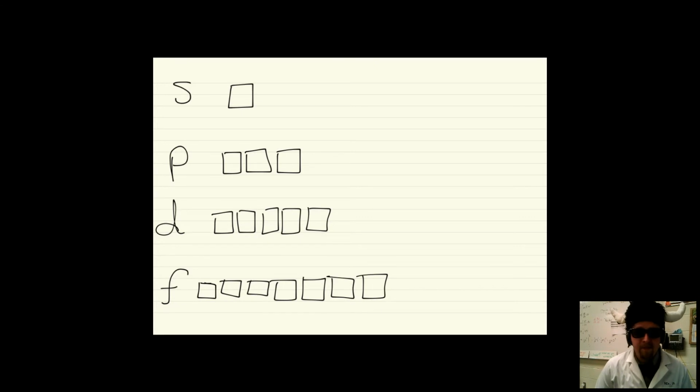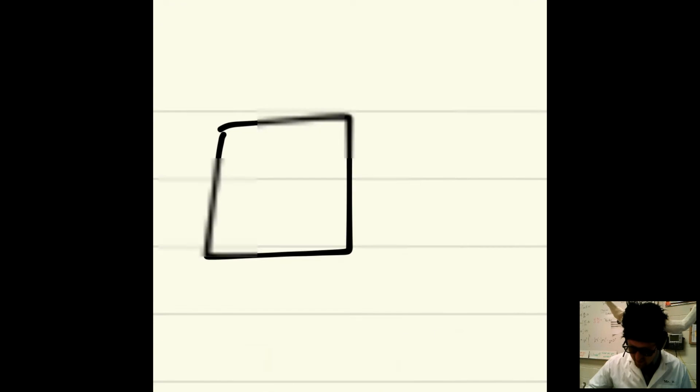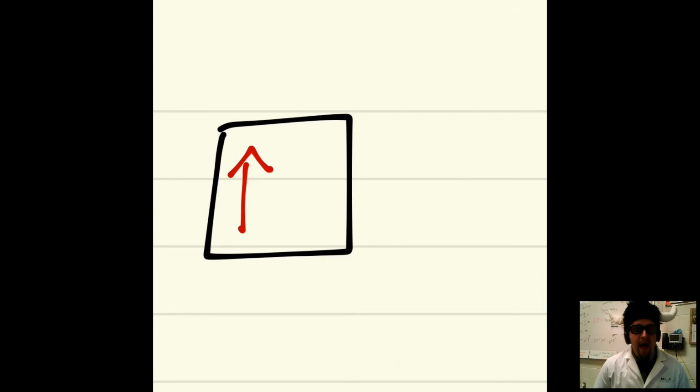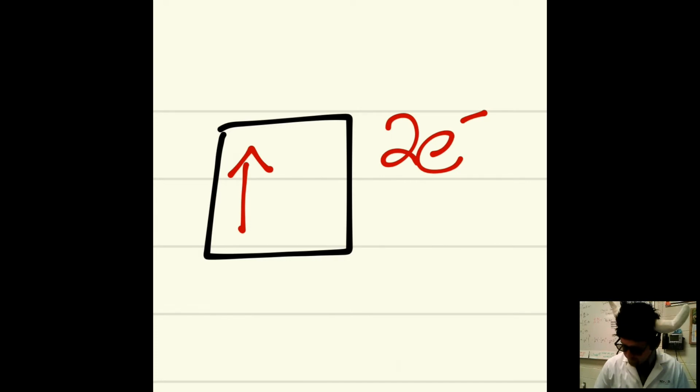Now inside of each of these orbitals, we can put electrons. The way this works is that an electron goes here. That's an electron with a clockwise spin. And in order for this orbital to fill up, it has to have 2 electrons. That's an important idea here. So 2 electrons must be inside each orbital.